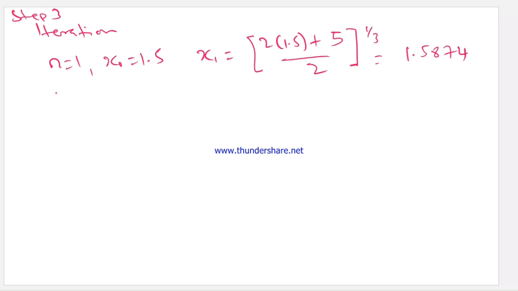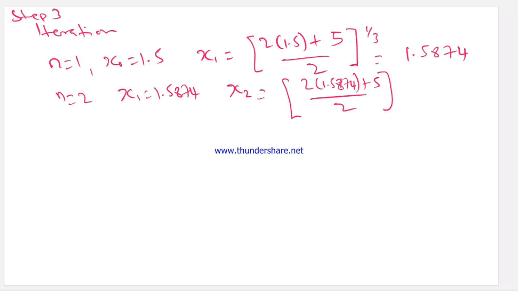So now we take the second step by substituting that our x1 is now 1.5874. So we use that to calculate our x2. So 2 times 1.5874 plus 5, divided by 2, raised to power 1/3. That will give us 1.5989.